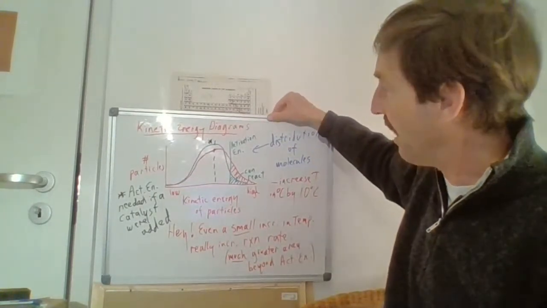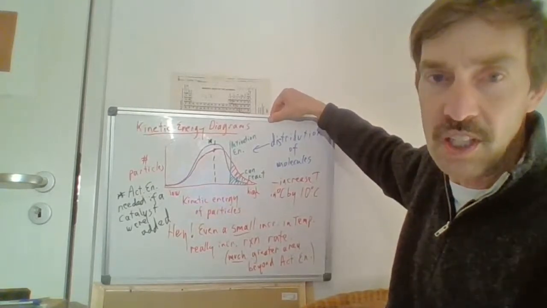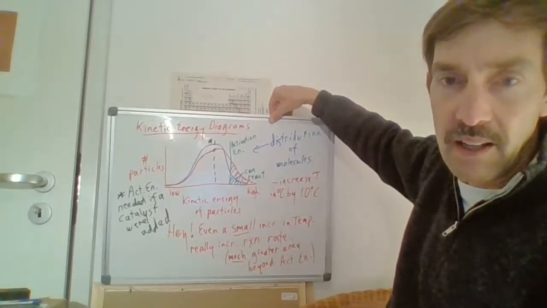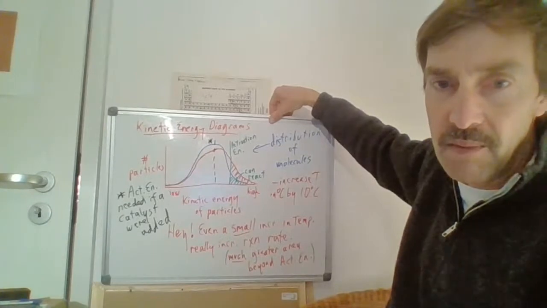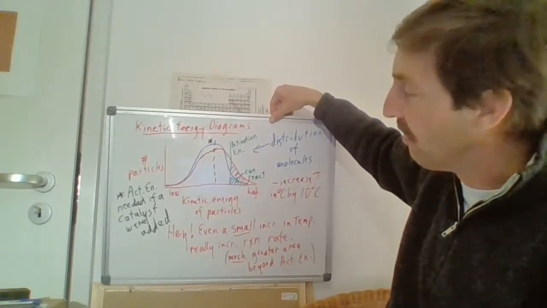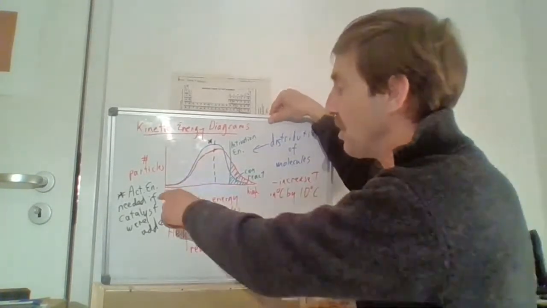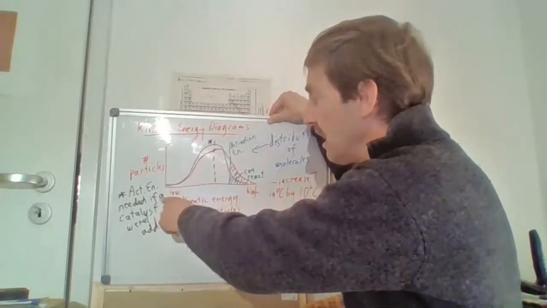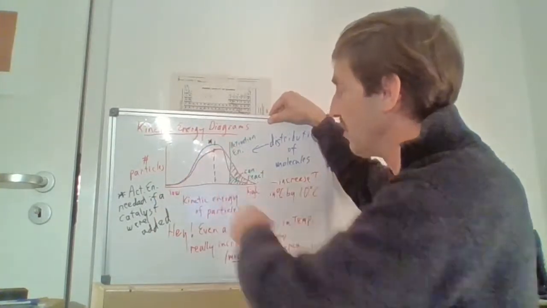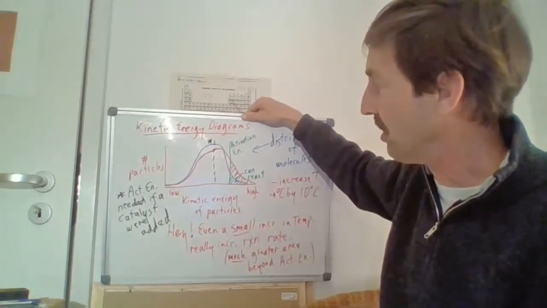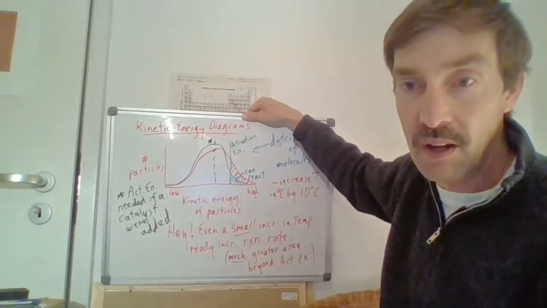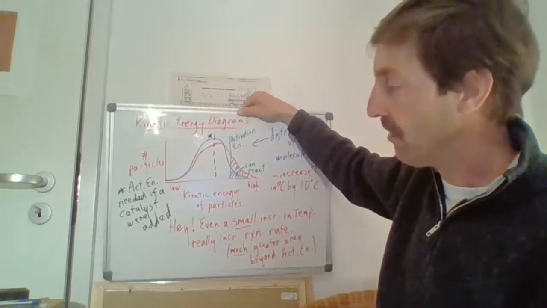I hope I'm not covering it up, and I hope you see enough before I move it. We okay? And this over here at the left says activation energy needed if a catalyst were added. That's that dashed line in black with the little star. Okay, good.